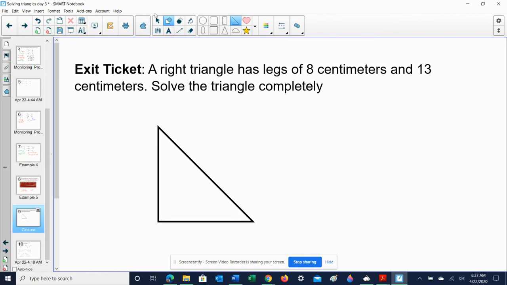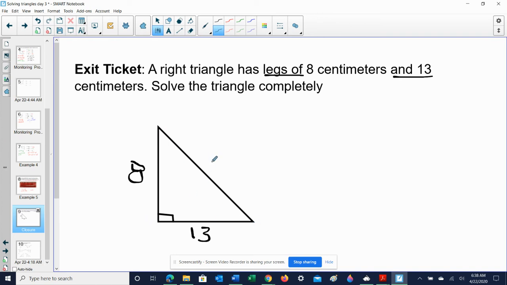Right, there's a right triangle. There's the right angle. Horrible right angle, but we know that. Which ones are the legs? These are the legs. One is 8. One is 13. Call this whatever letters you want.